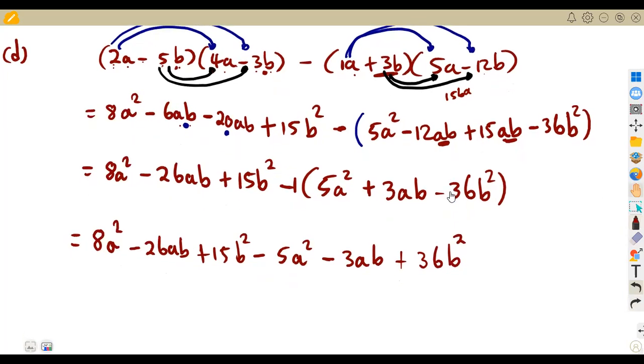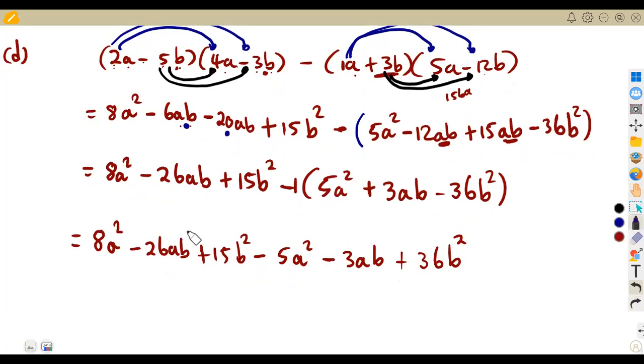All right, now we can consider our like terms. Where do we have the like terms? We are supposed to collect our like terms. This part of a squared can be collected with this part of a squared. So we are going to have 8a squared minus 5a squared.